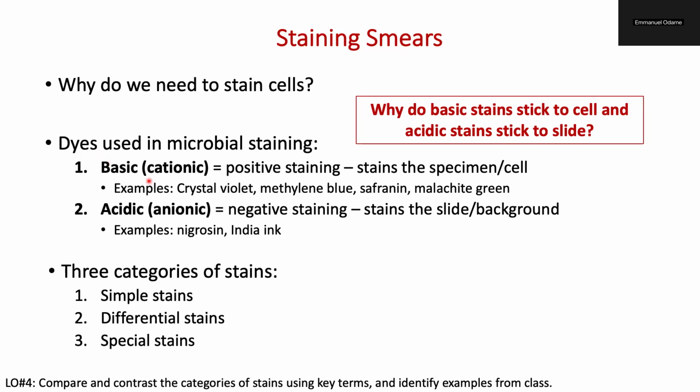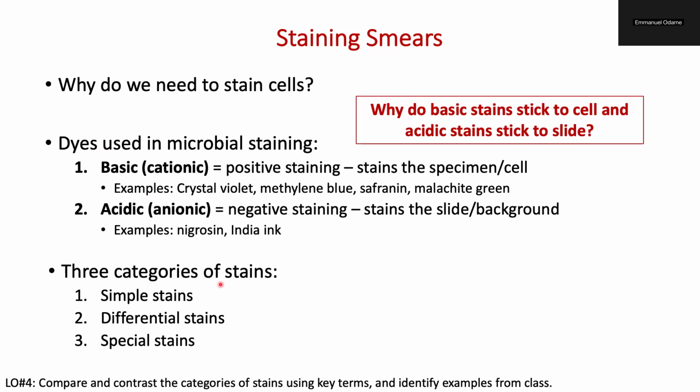We have the basic, which is cationic or positively charged, and these stain the specimen itself. Examples include crystal violet, methylene blue, and the list goes on and on. And we have the acidic or anionic. Basically, these are negative stains, and they stain the slide or the background.